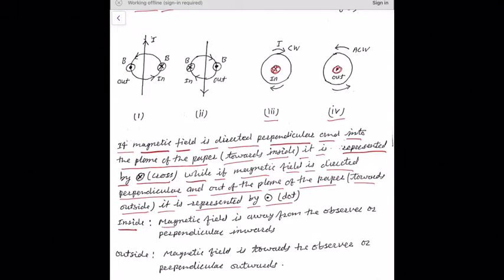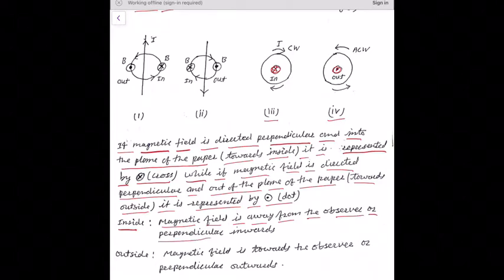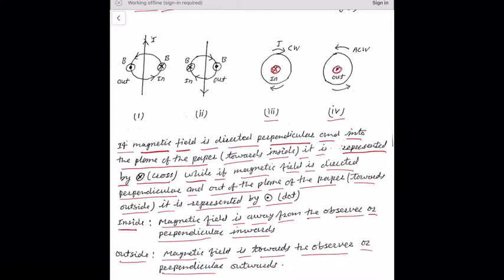Inside means magnetic field is away from the observer or perpendicular inwards. Outside means magnetic field is towards the observer or perpendicular outwards.